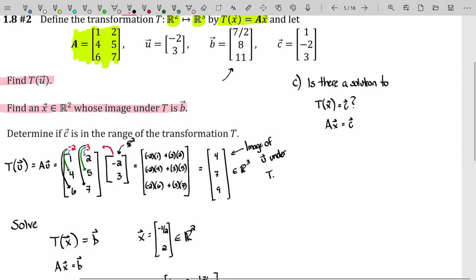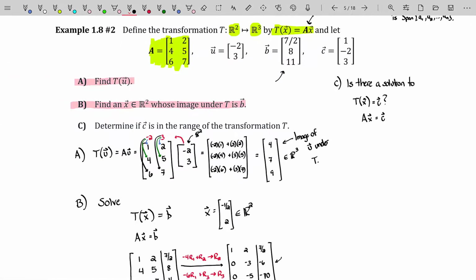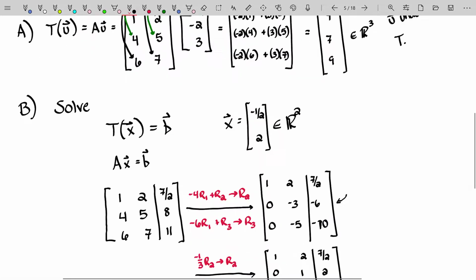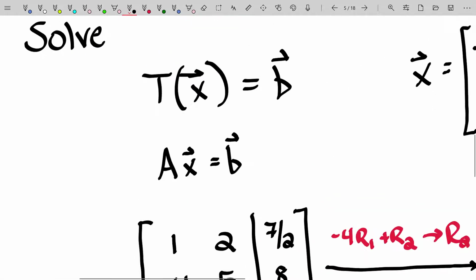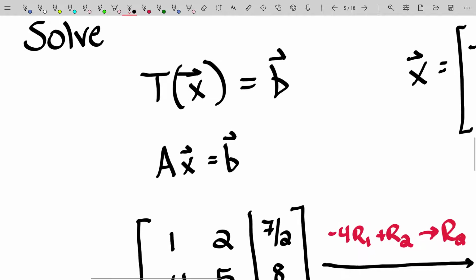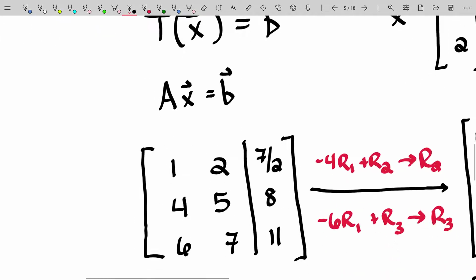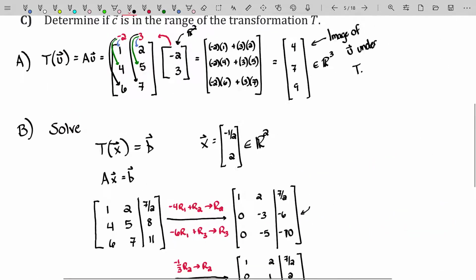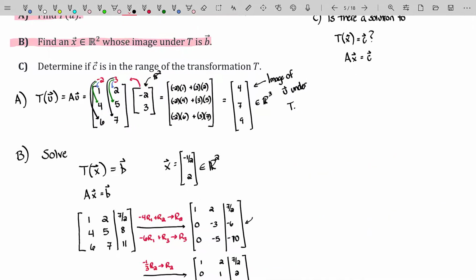And I like this example for two reasons. One, it's just a good language example, but two, it's really indicative of where we want to go in the future in linear algebra. We're going to have to perform all these same elementary row operations over again with a different right-hand side vector. And that's kind of annoying, to be very honest with you.